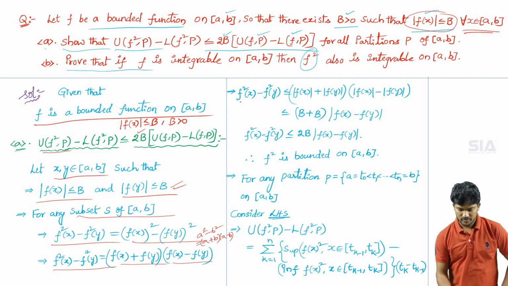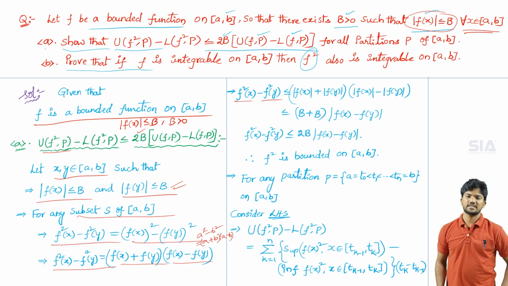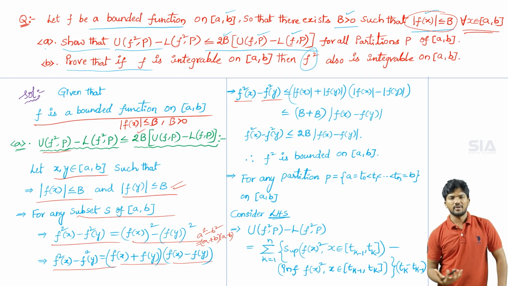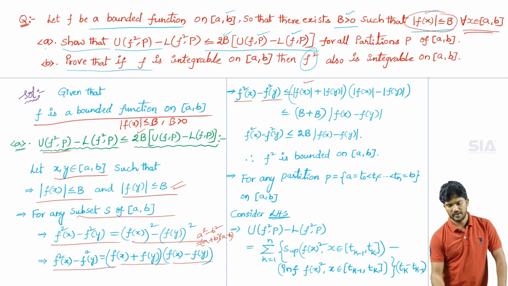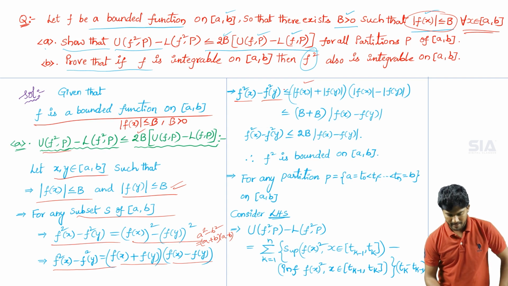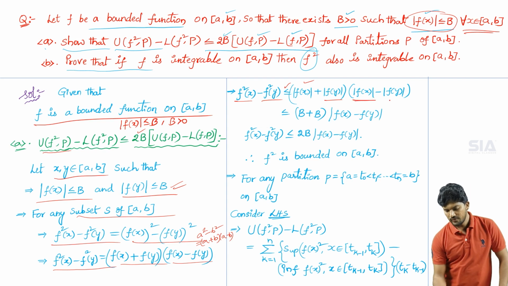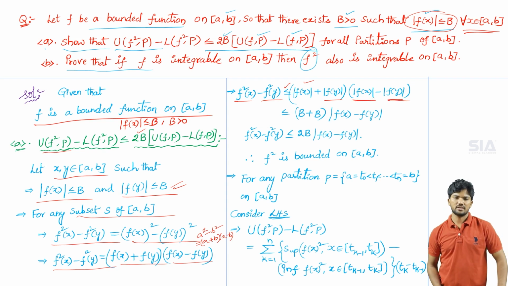Next, f²(x) − f²(y) is less than or equal to, on the right-hand side, we apply the absolute value. So |f(x)| + |f(y)| times |f(x) − f(y)|.